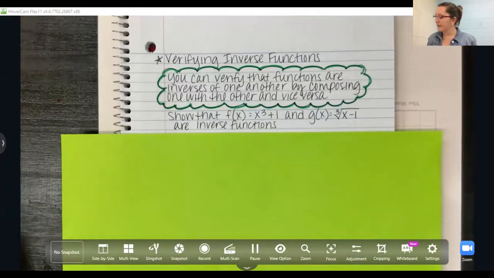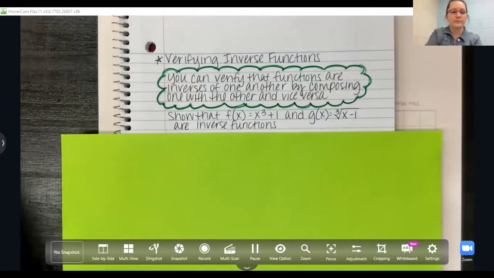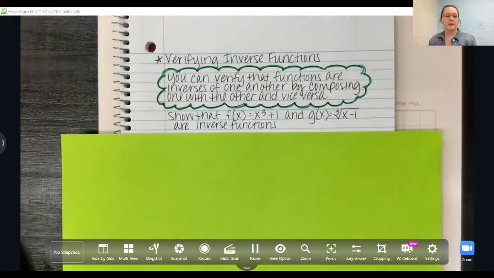So we had x cubed plus 1, and we had the cube root of x minus 1. Oh no, this is under. There you go. Okay, that should be under. Okay, so let's look at this.